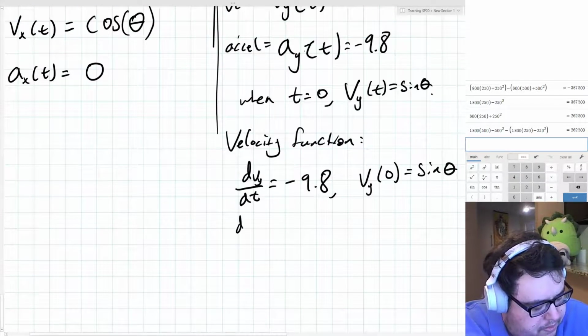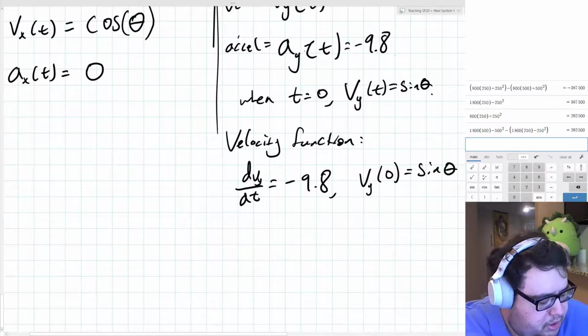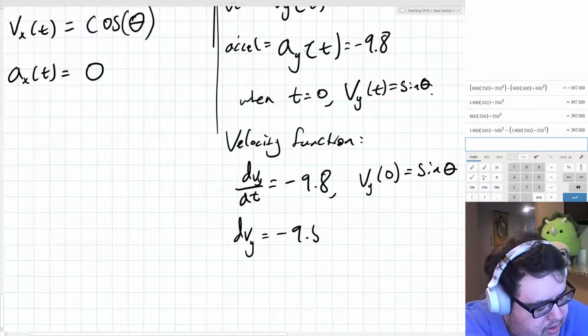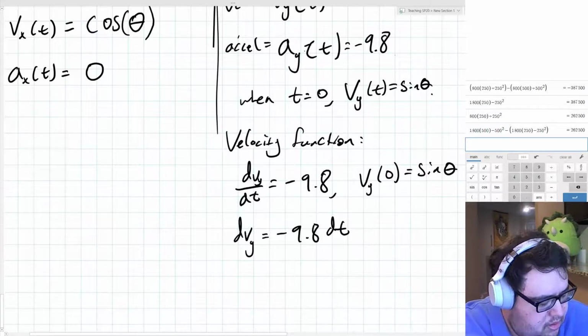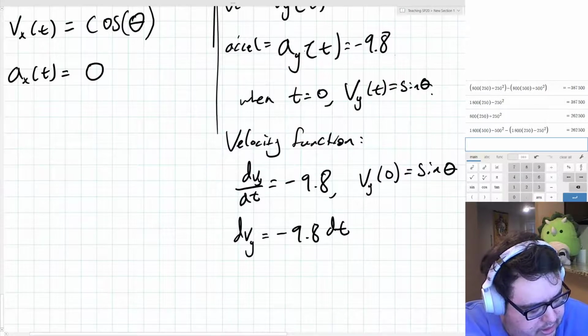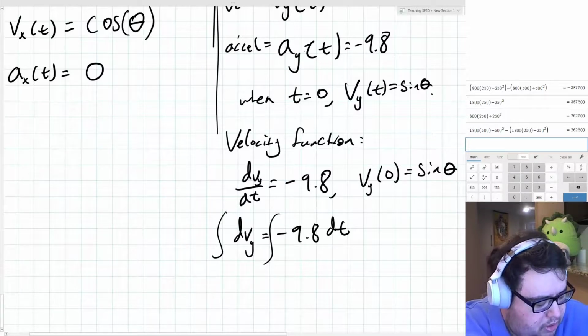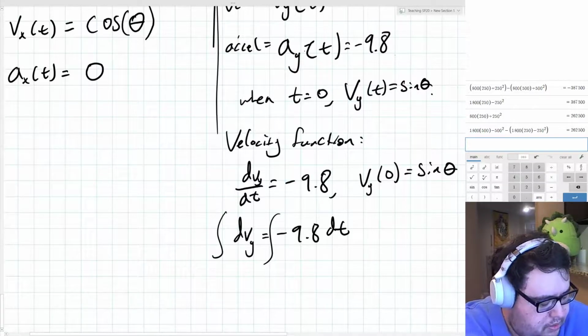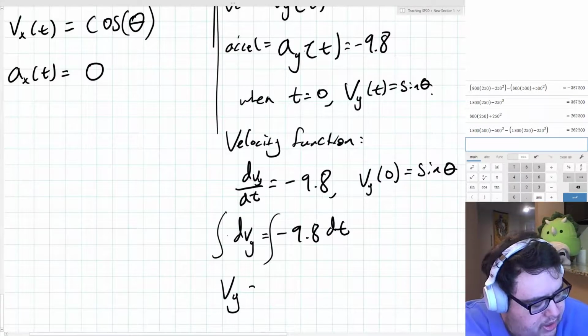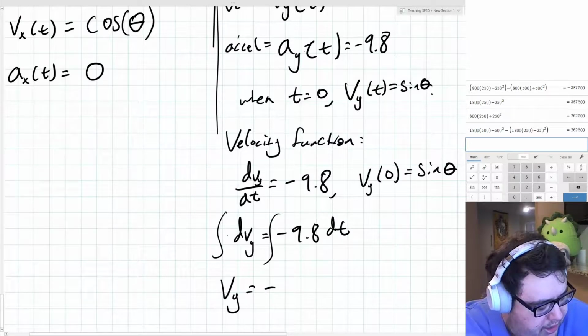So this is a separable differential equation. So d v sub y is equal to negative 9.8 dt. And we can integrate both sides here to get that the integral of 1 dv sub y is just going to be v sub y. And on the right-hand side, we'll get negative 9.8 t plus a constant.